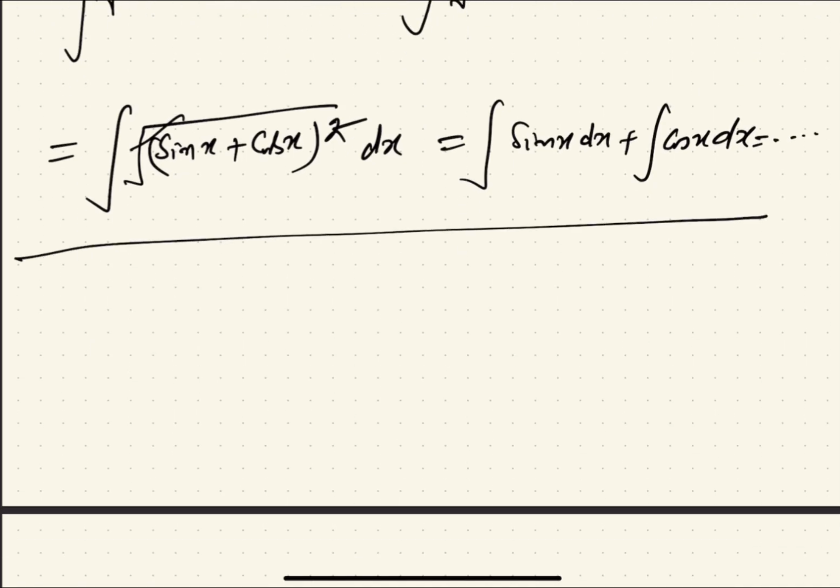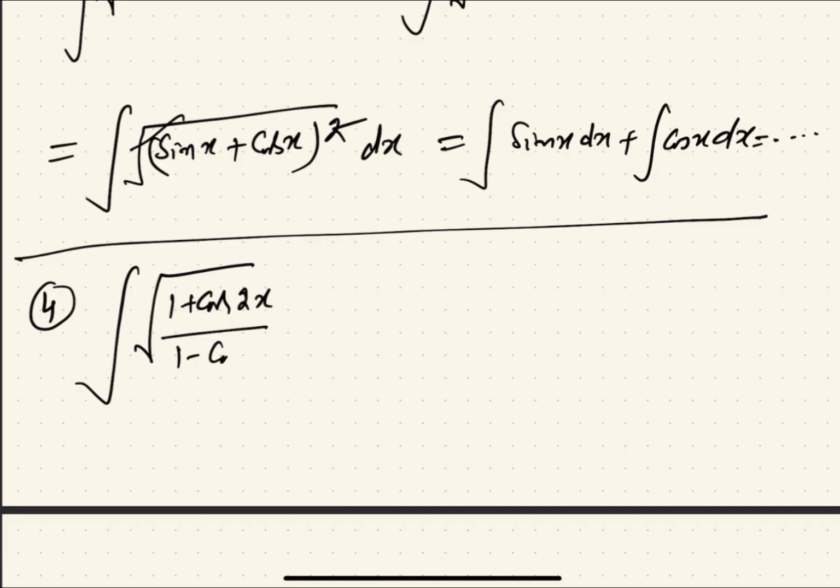Okay, and now you have the fourth question that is similar. The integral of square root of 1 minus cosine 2x over 1 plus cosine 2x, dx. All right, you know this formula.